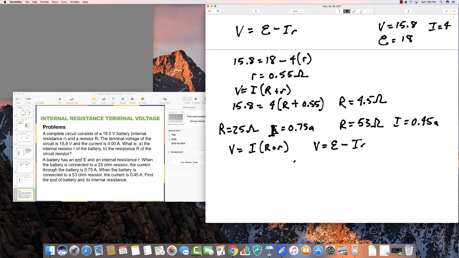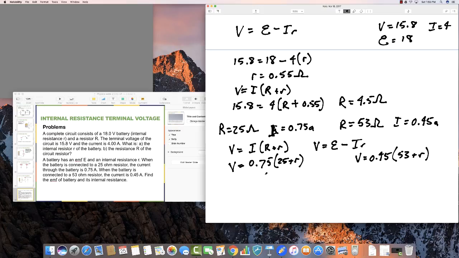These are the two formulas we have to take a look at. So we know that V is going to equal 0.75 in this first setting times 25 plus little r. And then over here in this second setting, we know that V is equal to 0.45 times 53 plus little r.